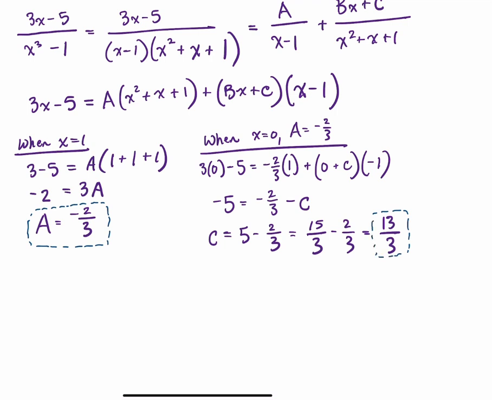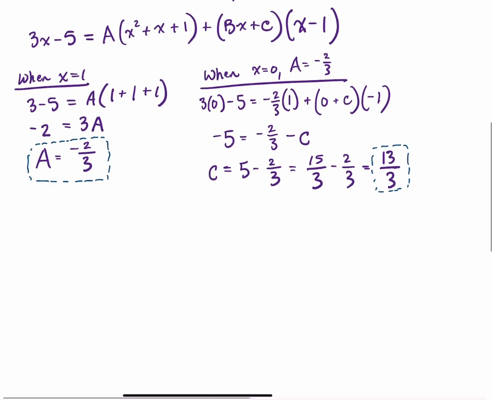So now that we know both a and c, let's plug those in and just choose some other value for x. Let's say 2. You can say when x equals 2, a equals negative 2/3, and c equals 13/3.